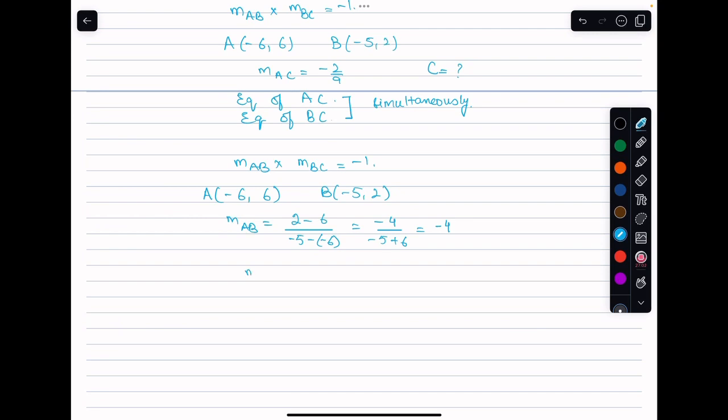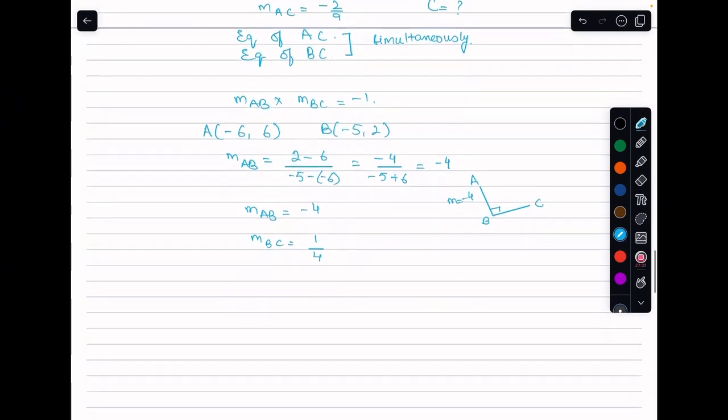This means that if the gradient of AB is -4, then AB and BC being perpendicular to each other, this was given in the question, I have the gradient of AB which is -4. Therefore, I can say that the gradient of BC needs to be a positive 1 by 4 here.